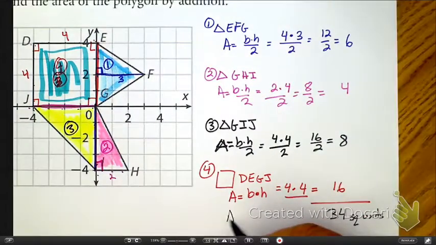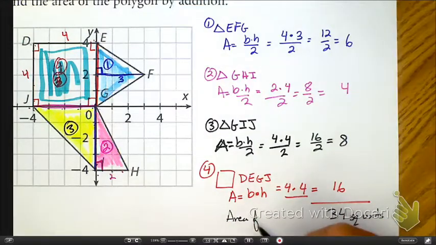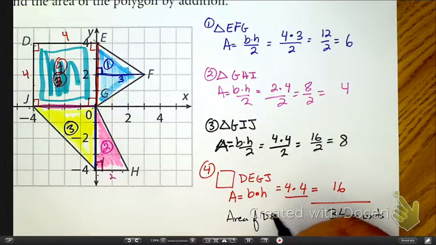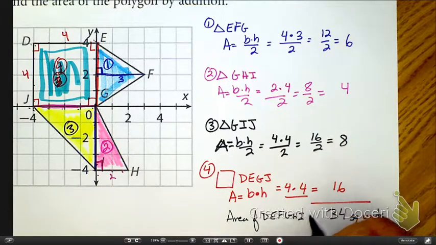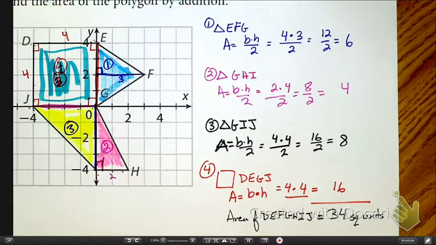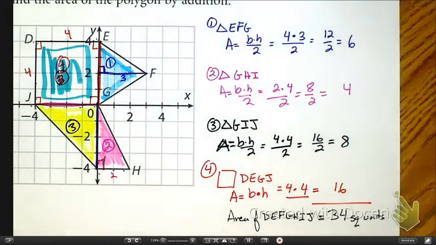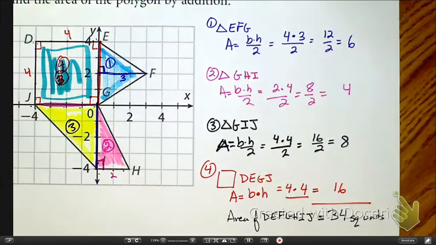The area of D, E, F, G, H, I, J is equal to 34 square units. Finding area by addition is a very simple thing. Find these small areas, add them up.